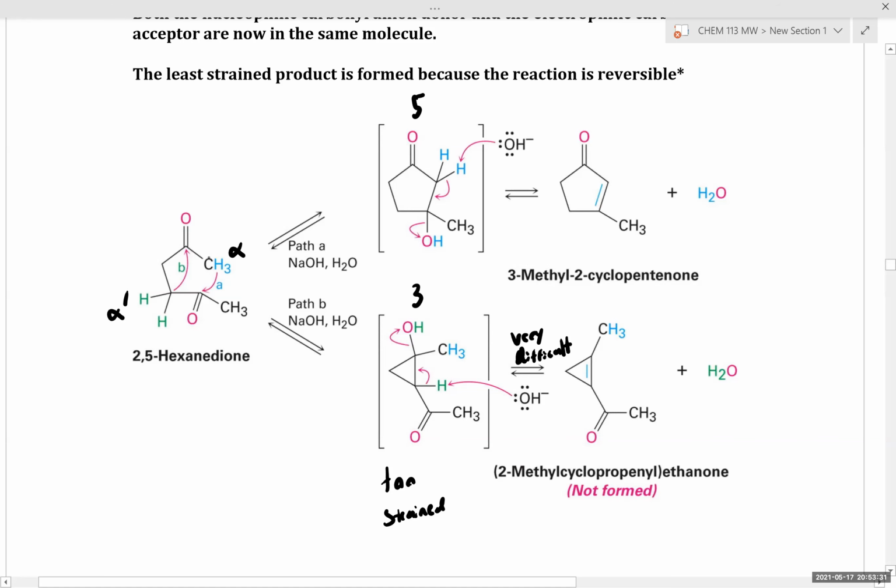So thus, even though we can deprotonate either of our alpha positions, in practice, only one of our positions reacts productively. And that's why we only generally see one condensation product from these intramolecular aldol reactions.